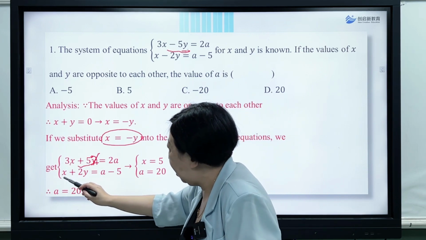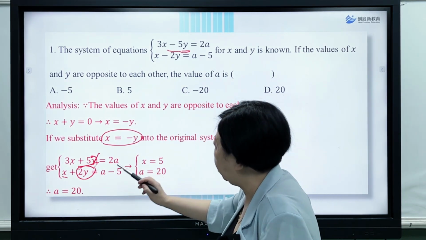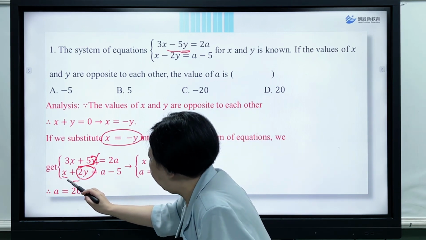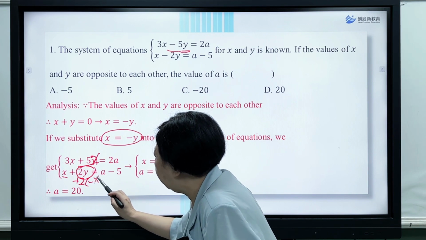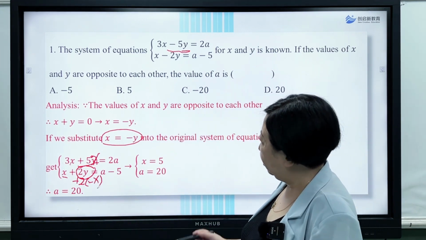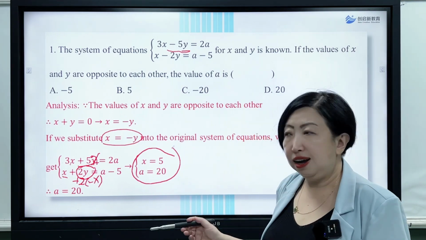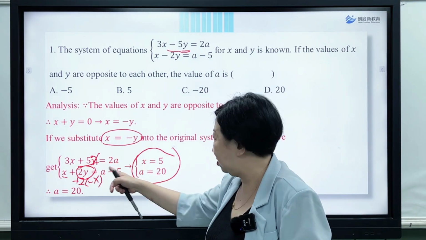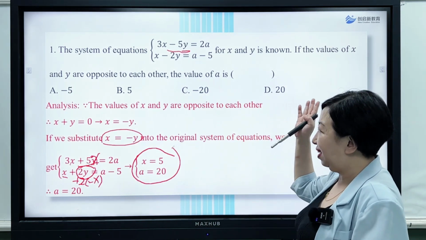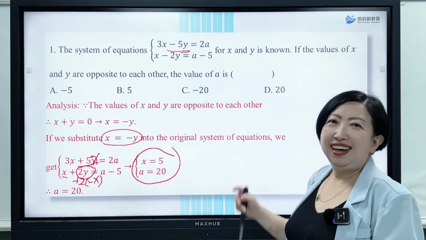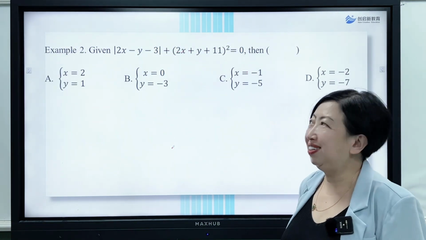And here x minus 2y, we can change to x plus 2x. So we can get x equals 5, and of course a equals 20. We can find the value. The value is D, a is 20.